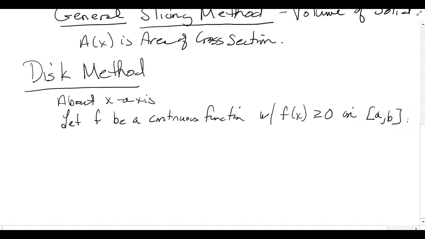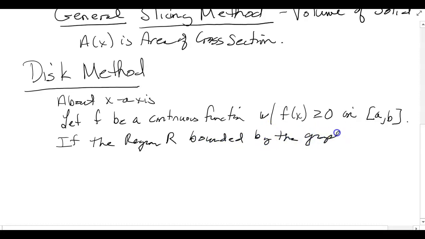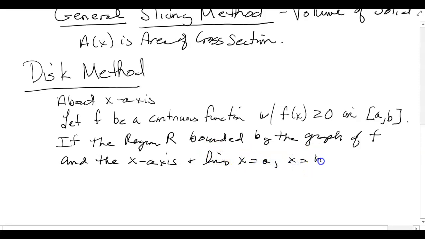Okay, and if the region R bounded by the graph, I'm giving you the formal definition here, and the x-axis, and the lines x equaling a, these are our boundaries, and x equaling b, is revolved about the x-axis.